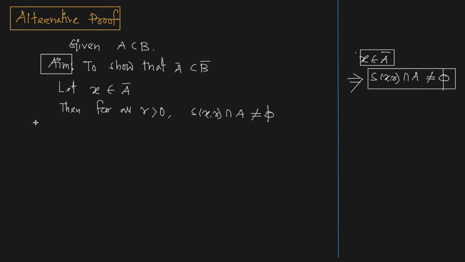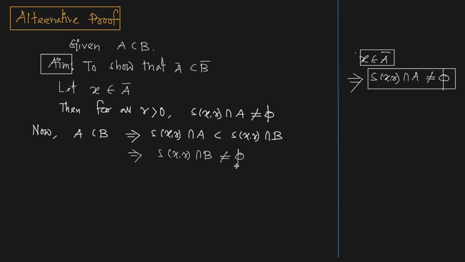So now A is a subset of B, so this implies S(x, r) intersection A is a subset of S(x, r) intersection B. I just took the intersection with S(x, r) on both sides, okay? So S(x, r) intersection A is non-empty, so S(x, r) intersection B is also non-empty.